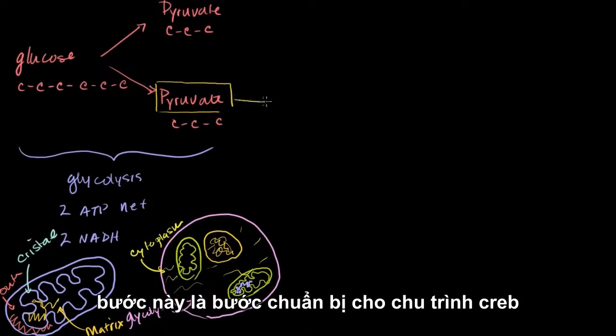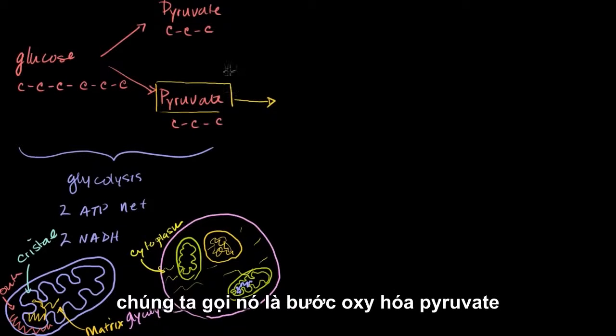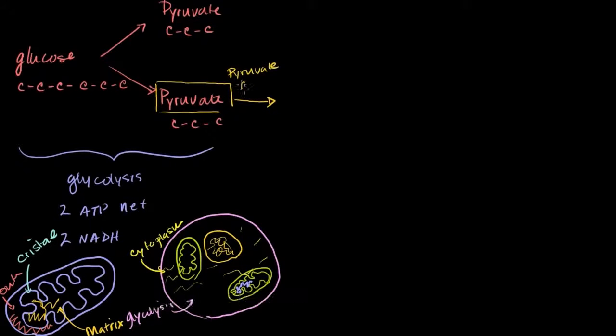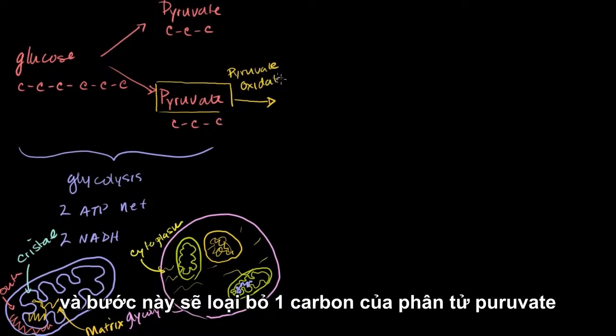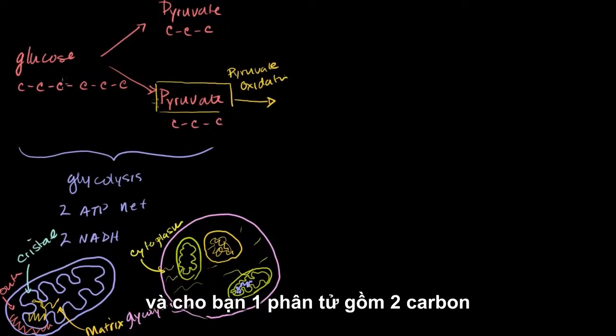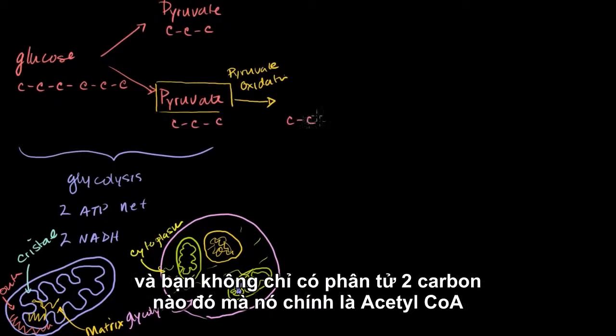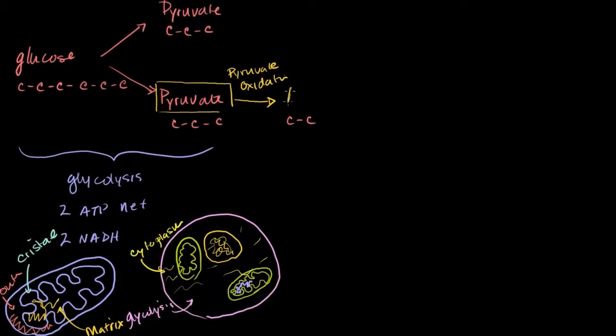So we have this preparation step for the Kreb cycle. We call that pyruvate oxidation. Essentially what it does is it cleaves one of these carbons off of the pyruvate, and so you end up with a 2-carbon compound. You don't have just 2 carbons, but its backbone of carbons is just 2 carbons, called acetyl-CoA.